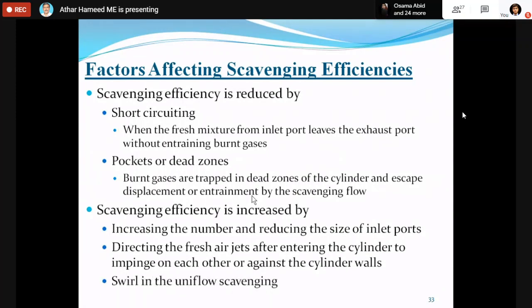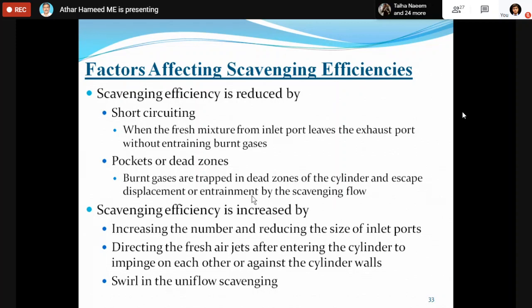Swirl in uniflow scavenging. Uniflow, I've told you, means it enters from one end and leaves from the other end. If it is entering from bottom dead center, then the gases are leaving at top dead center. If the gases are entering at top dead center, then they are leaving at bottom dead center.